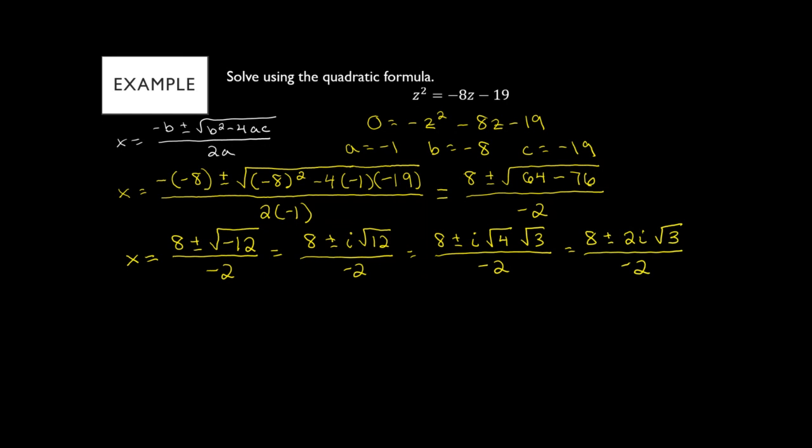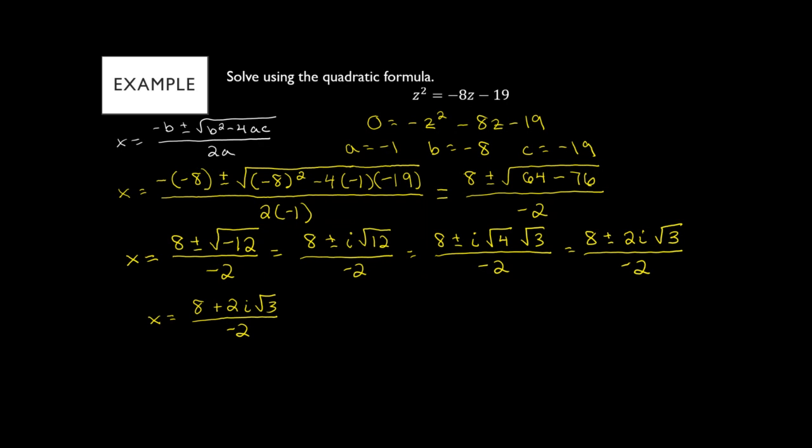So now we have to simplify it, and so now I'm going to split it up into two separate equations, one with the positive and then one with the negative for the plus or minus. So I have x equals 8 plus 2i times the square root of 3 all over negative 2.